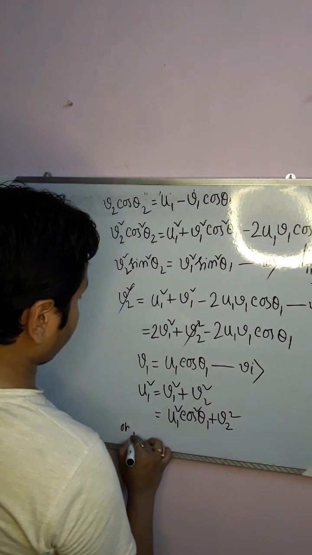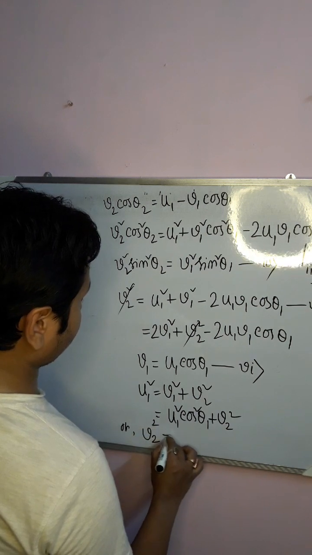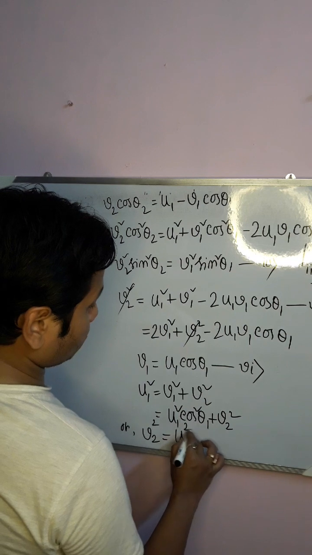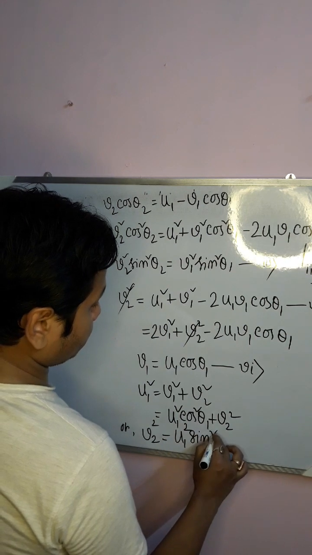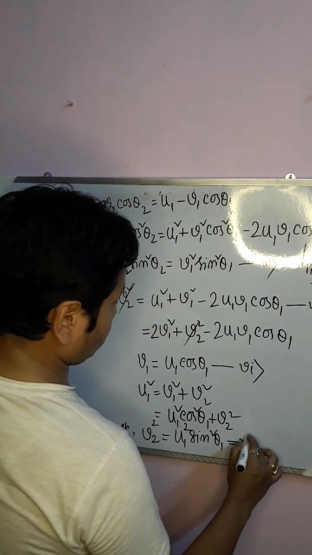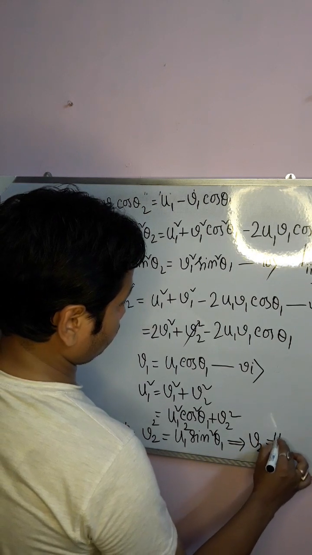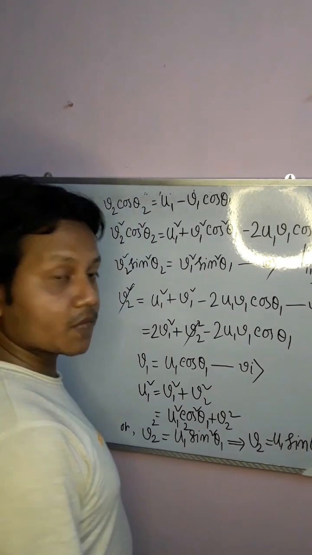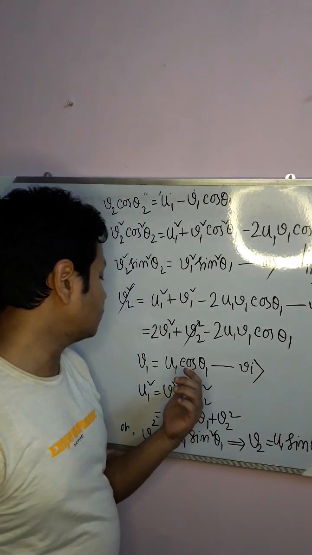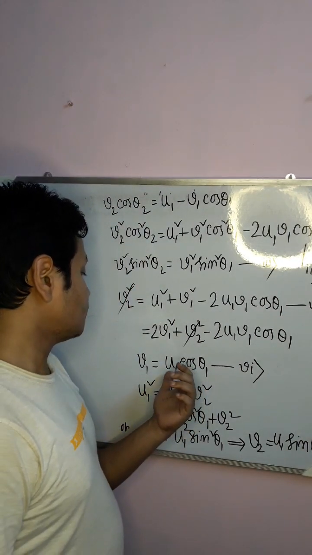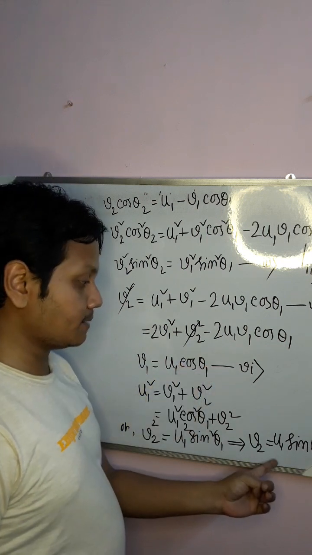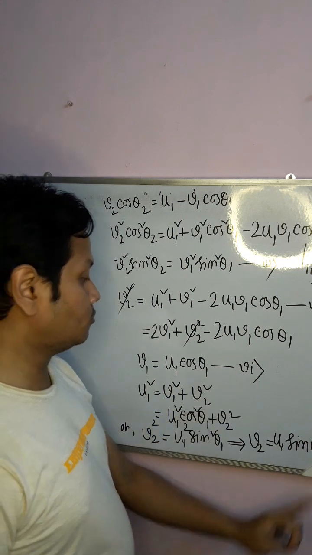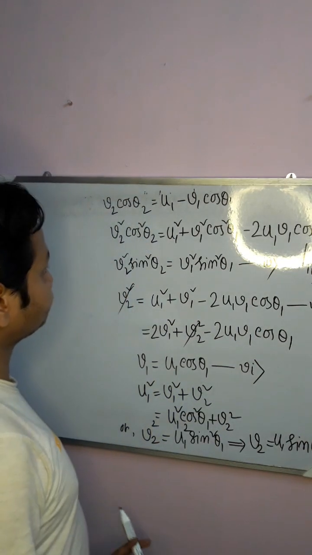So we get v2 square equals u1 square times 1 minus cos square theta 1, that means u1 square sin square theta 1. From which we get v2 equals u1 sin theta 1. Fine, we will get the velocity after scattering and velocity after recoil. v1 equals u1 cos theta and v2 equals u1 sin theta.